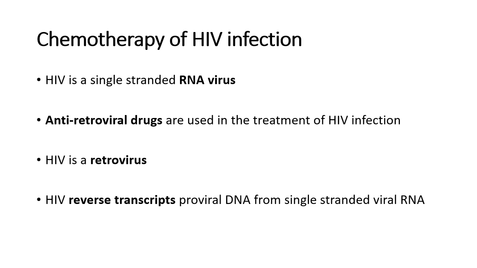But here it is the reverse. It is DNA which is formed from RNA. So it is called reverse transcription. That is why human immunodeficiency virus is called a retrovirus.